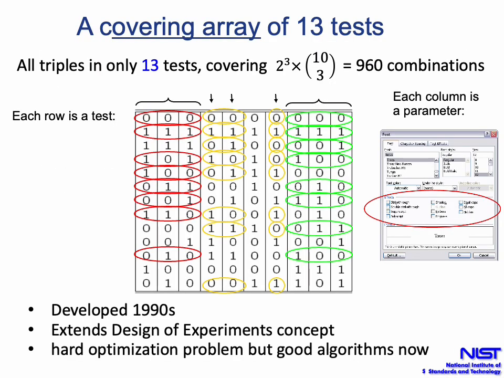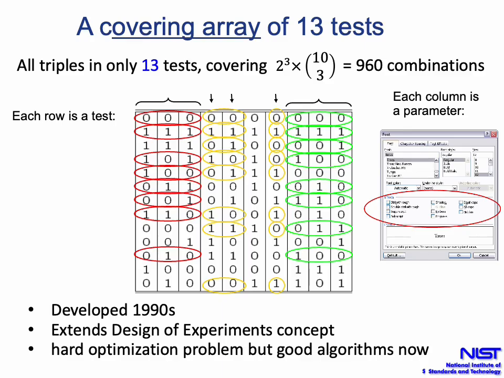The answer is given by what's known as a covering array, and the number of tests is surprisingly small. Actually, only 13 tests; there is a better array that can be done than this, actually only 12 tests. But a very small number of tests that cover all three-way combinations of these 10 variables.